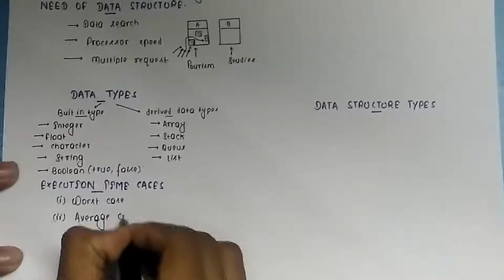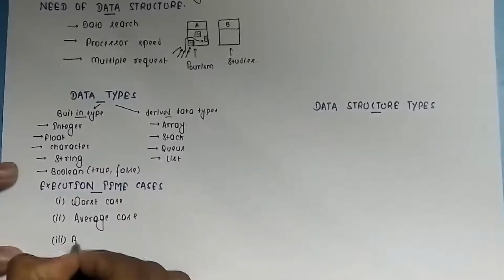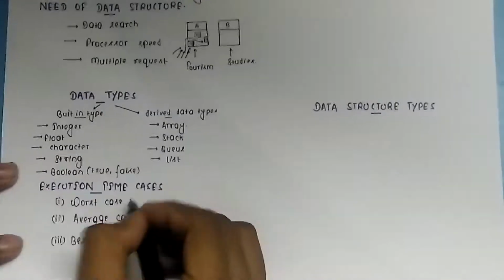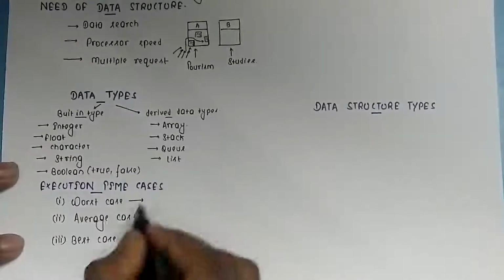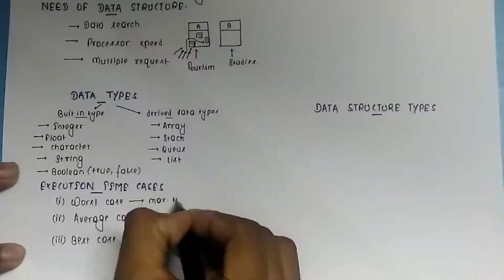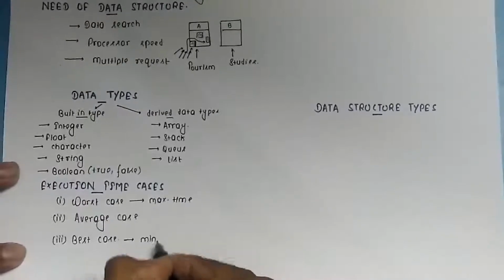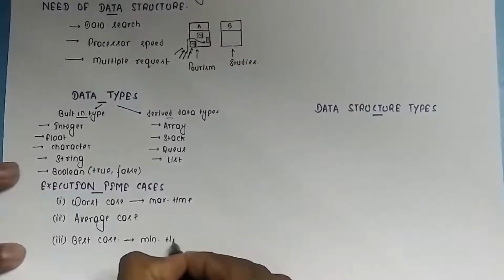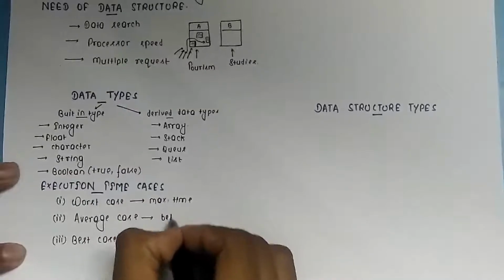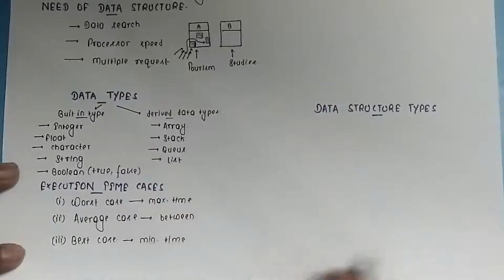As their names indicate, the worst case requires maximum execution time, the best case requires minimum execution time, and the average case lies in between maximum and minimum. So it is the average of maximum and minimum execution time.